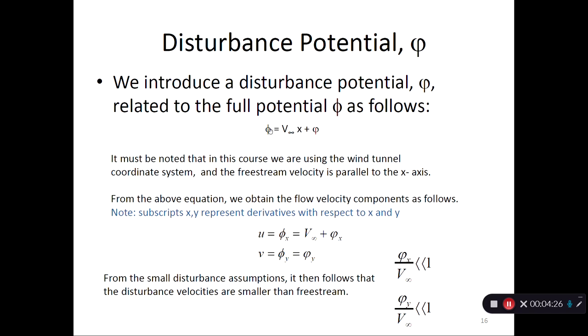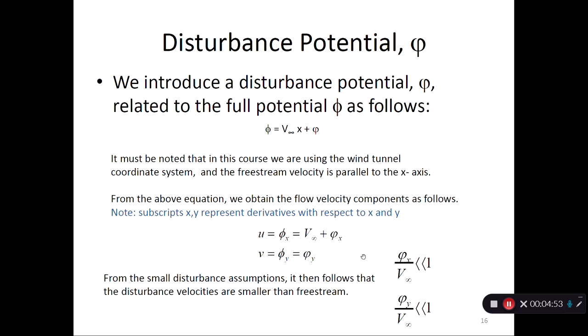Now if you take u, the partial derivative of phi with respect to x, you get the free stream flow plus a small disturbance caused by the presence of the body. If you take the partial derivative of phi with respect to y, you get a disturbance velocity. Now because these are small disturbances, they are small compared to V infinity.